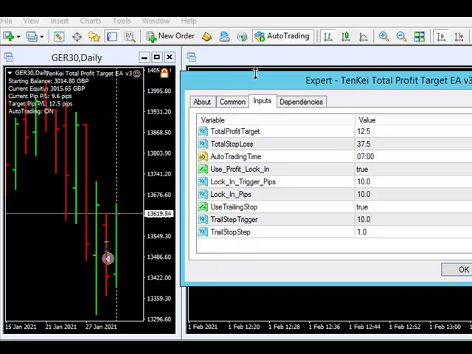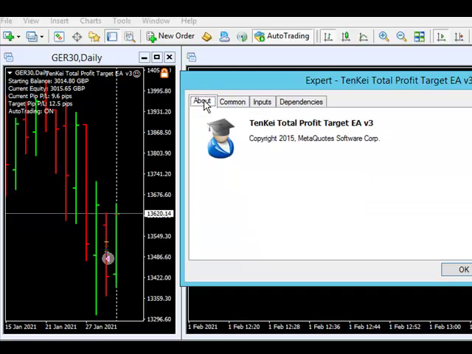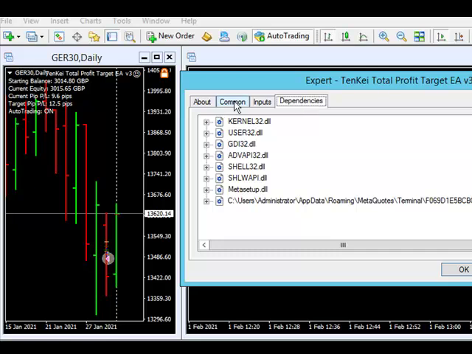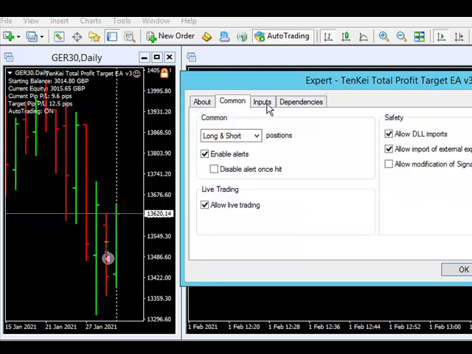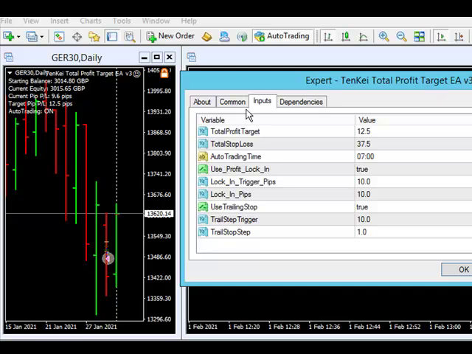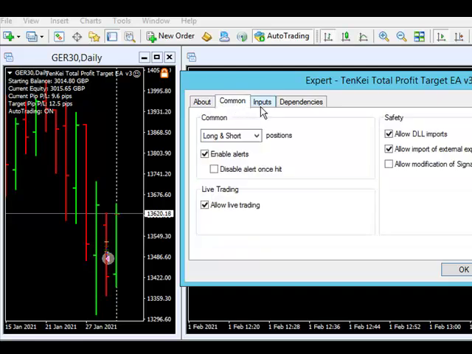All right, so before, when we spoke about using this TPT or this EA, we're not going to be bothering about dependencies, but we're going to be looking at the common tab and the inputs tab.